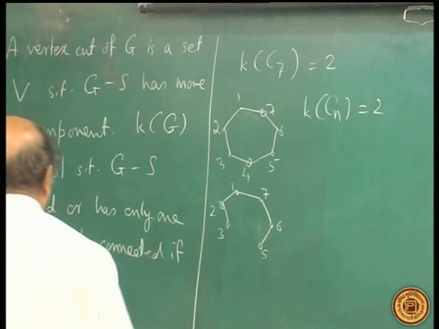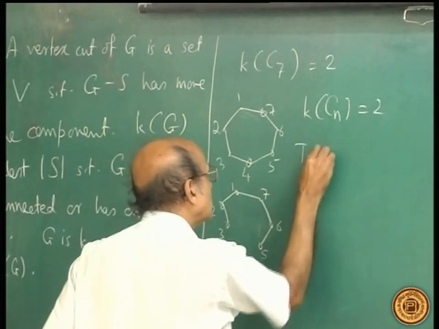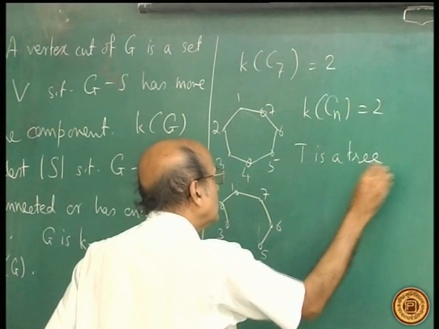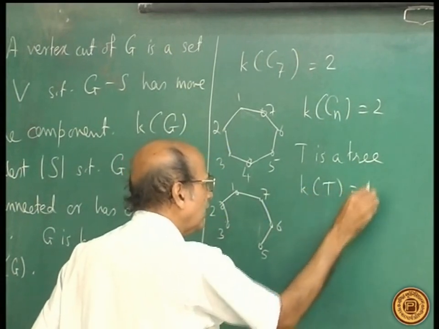Connectivity of a tree is 1. Connectivity of a path is 1.